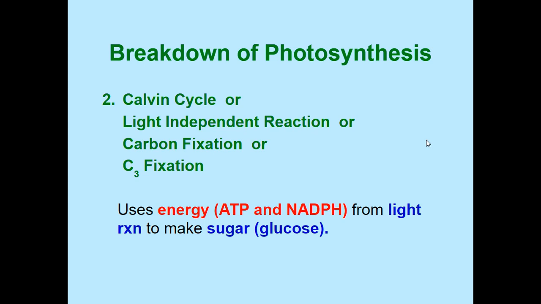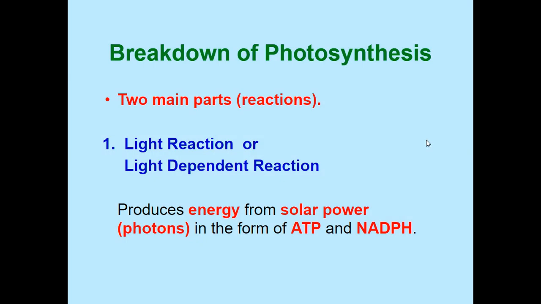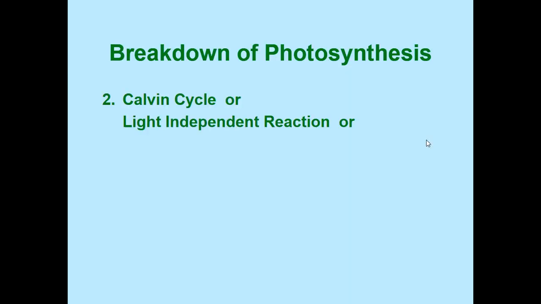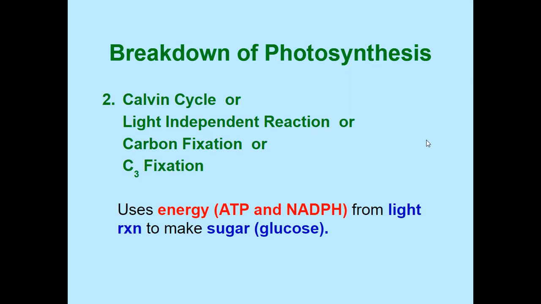Okay. So those are the two things that happen. First one, light-dependent, takes our sun energy, makes other forms of energy that the cell can use, and it uses that energy then to make sugar. Okay.